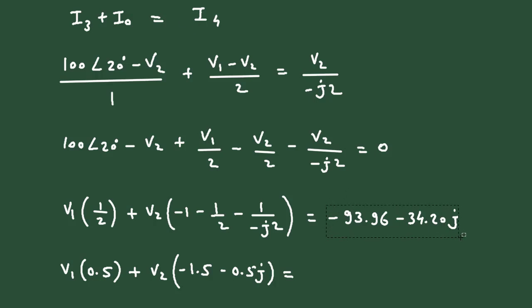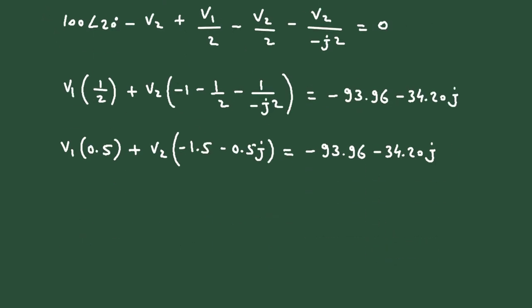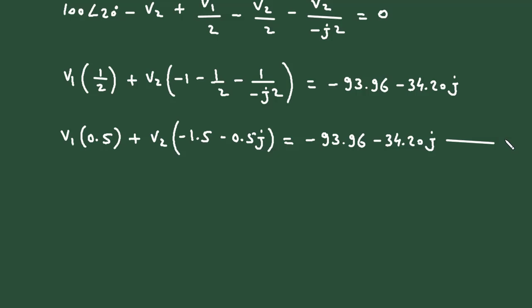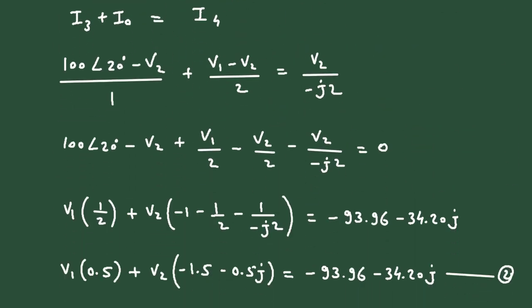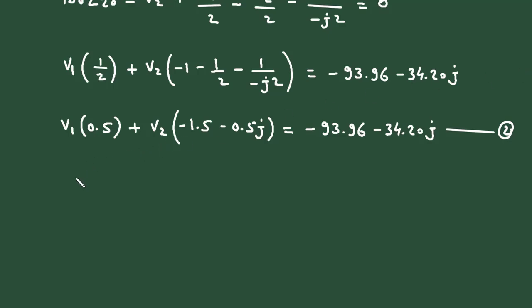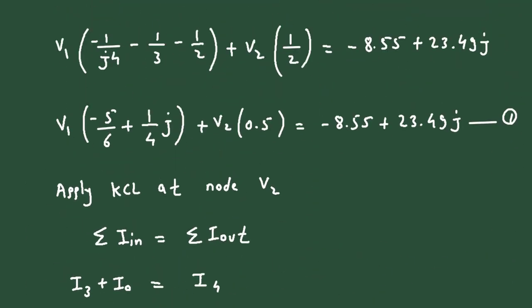Let's copy it from here. Now let's assume this as equation number 2. So we got two equations, equation 1 and equation 2. So solving equation 1 and 2, let's put this in matrix form.